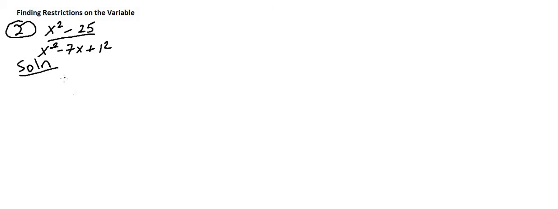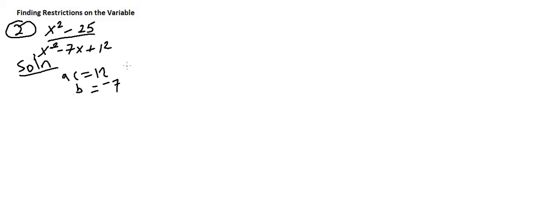So our AC equals, this will be our A, the coefficient of x squared is our A, and this is our C. So A, which is 1, times C is 12. Our B is negative 7. So we are looking for two numbers.